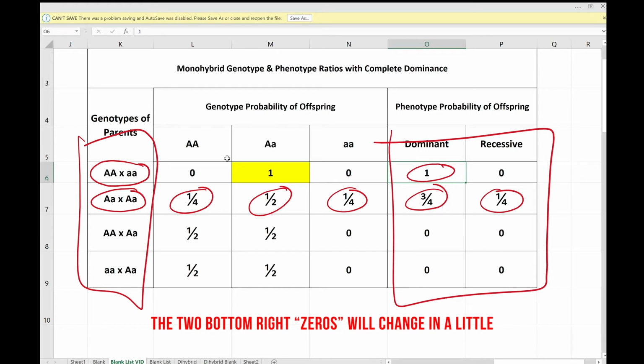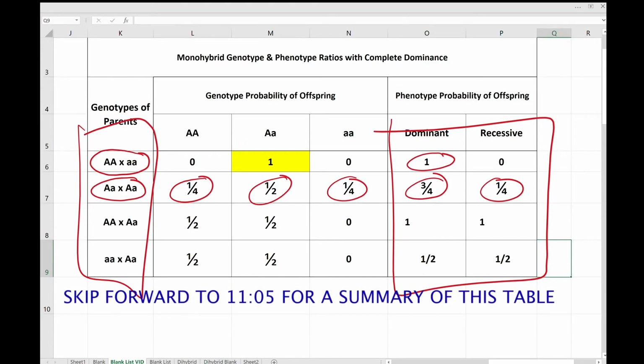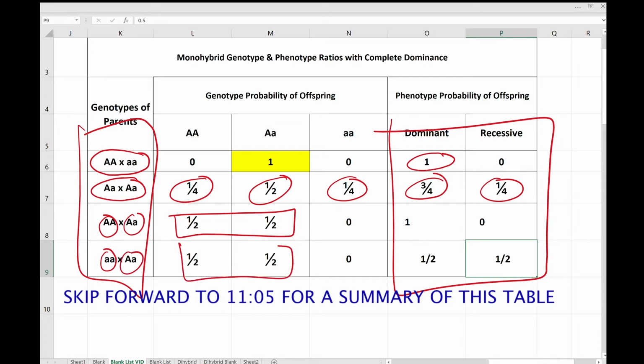And if you cross a homozygous dominant with a heterozygous, you get a genotype ratio of 1 to 1, and you get a phenotype ratio of just 1. All of them are dominant. But if you cross homozygous recessive with a heterozygous, you get a 1 to 1 ratio of genotypes, and you get a 1 to 1 ratio of phenotypes.